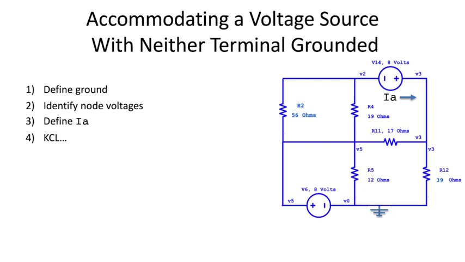Okay, so now we're ready to proceed with the analysis here. Steps are to first define ground, 2, identify the node voltages that we need to solve for, 3, in the case of a voltage source that doesn't have either side of it at ground, we need to define a new unknown. Here I called it IA. Then we can begin with KCL.